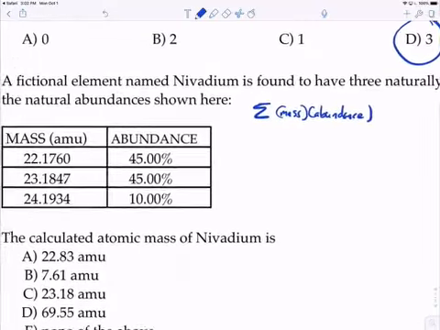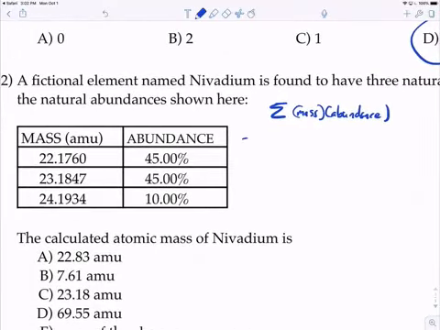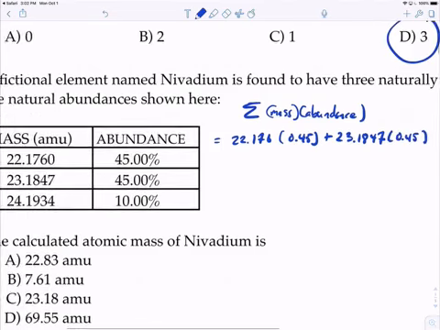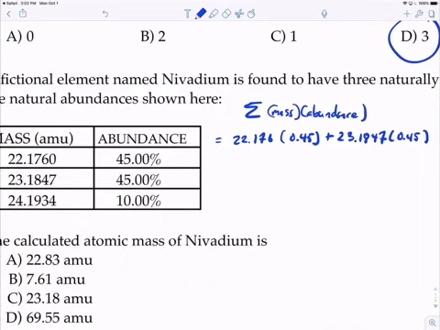So this equals 22.176 times 0.45 for 45%, plus 23.1847 times 0.45, that's the last one, plus 24.1934.